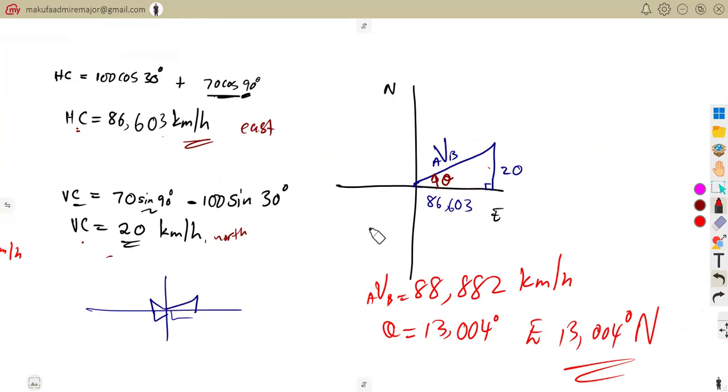I'm not saying the use of the cosine rule at the end is wrong, but there are adjustments that you also have to do on the diagram, to say where exactly I am going to have my resultant and the direction. So I'll just stick to the quadrant.